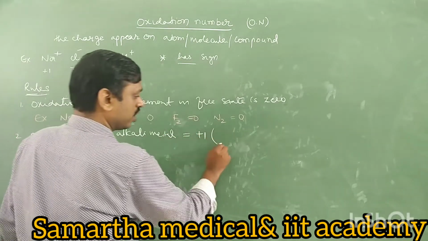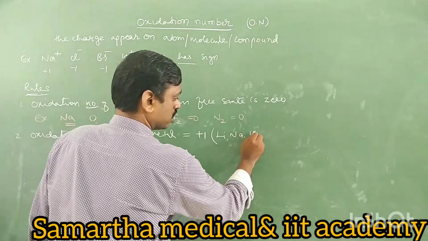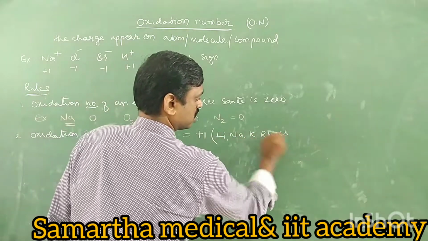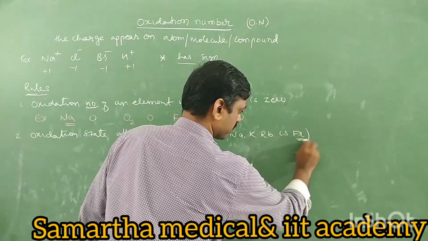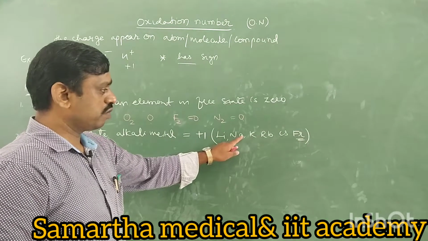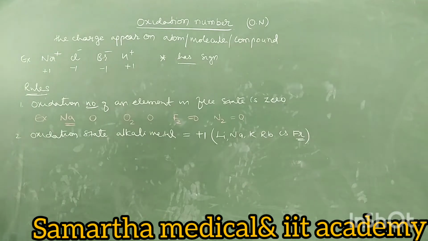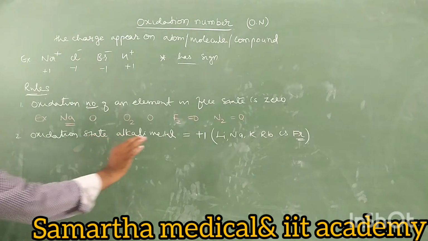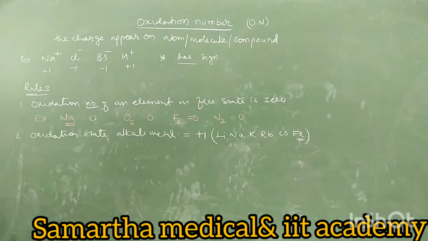Can you tell me what are the alkali metals? Lithium, sodium, potassium, rubidium, cesium, francium, where francium is a radioactive element. So alkali metals always carry a +1 charge. That means their oxidation number is always plus 1.